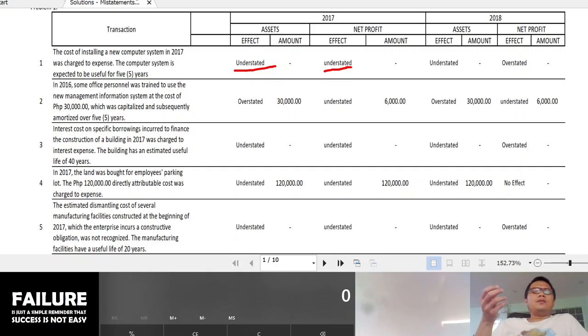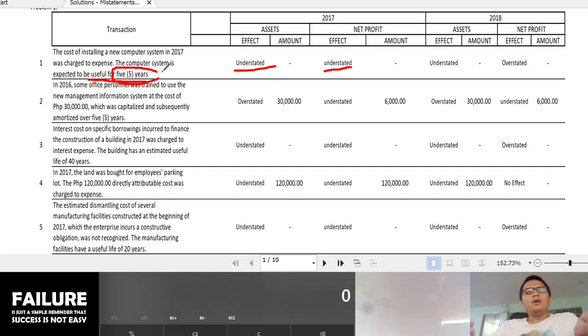However, class, if we look at the transaction, because it should be capitalizable, there should be a related depreciation expense, which should be depreciated according to its useful life of 5 years.